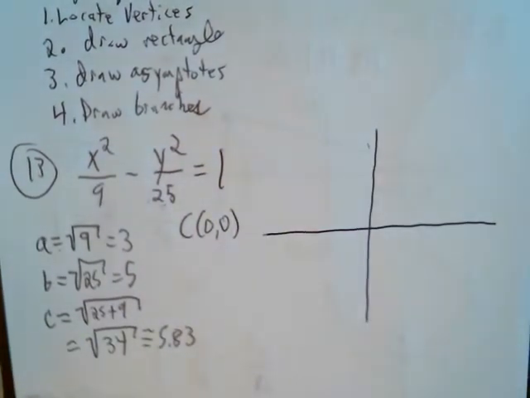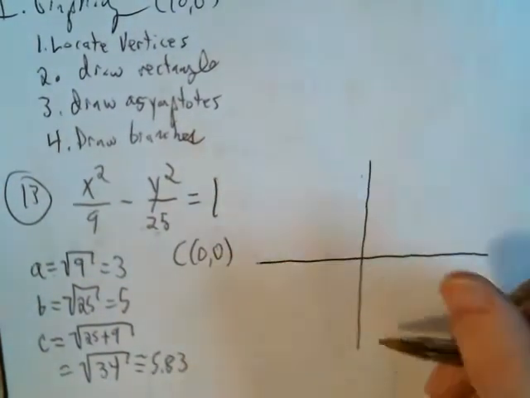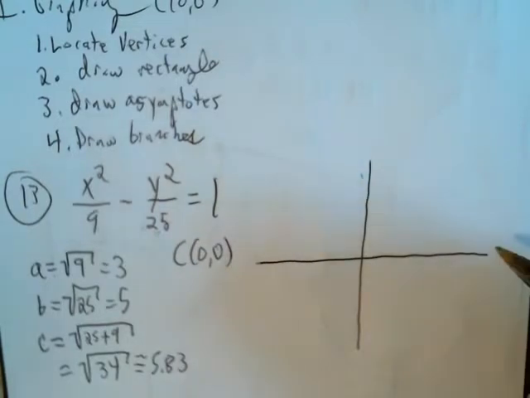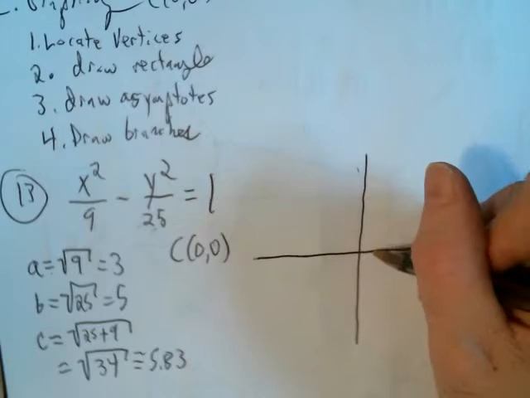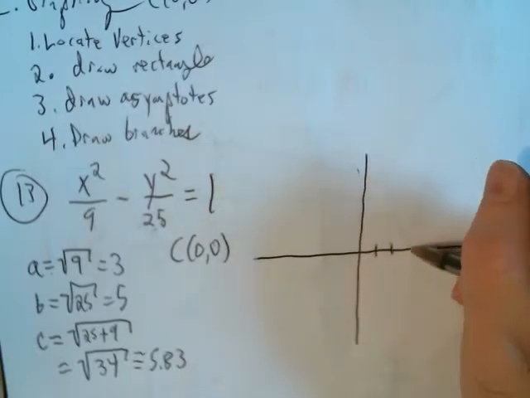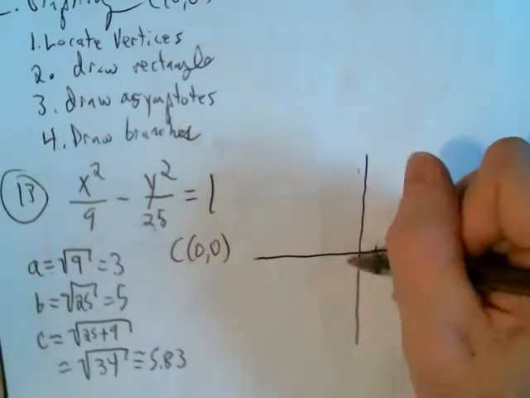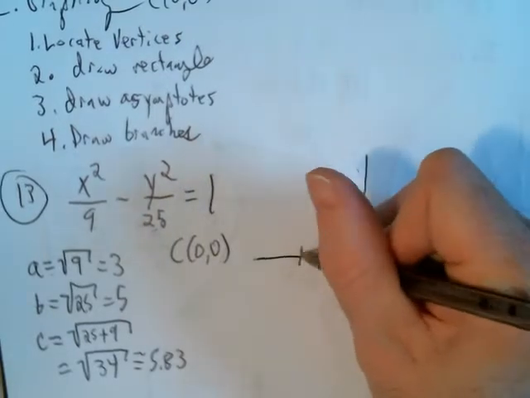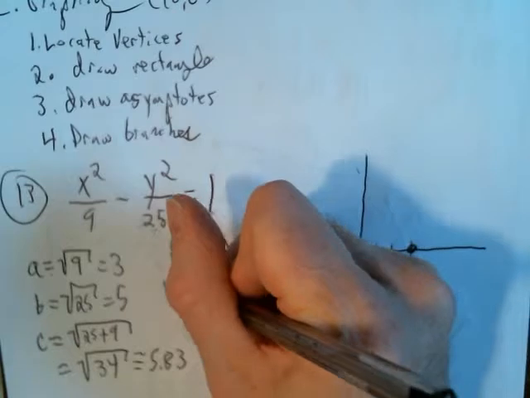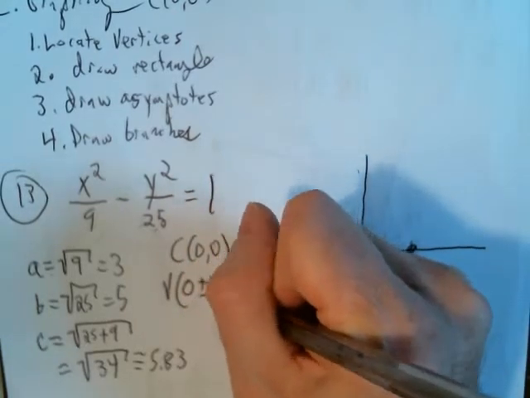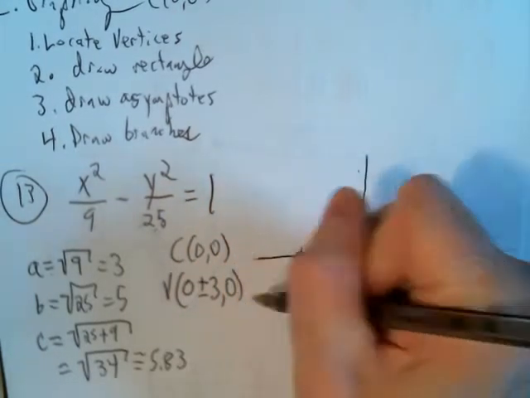So first I want you to locate the vertices, in other words, the tops and the bottom of the box, the rectangle. Okay, so the a value, 3, we have there, and then there. Those are actually our vertices, so I start at 0, and then I move over left and right by 3.